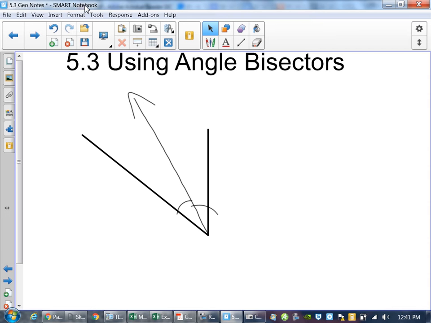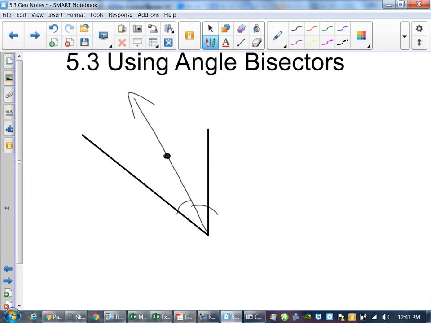Now, just like we did yesterday, if you place a point on that bisector, some other things occur. If you place a dot on the bisector at any point, a couple things happen. First thing that happens is that you wind up being equidistant to both sides of the angle.